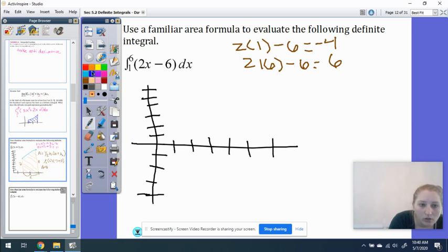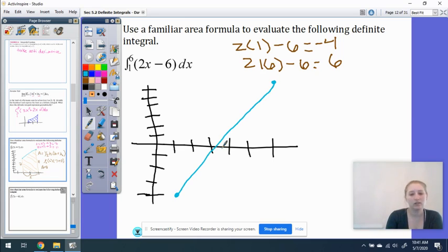So this one would have been better to do on real graph paper and not just freehanding it. Okay, so we get 1, -4, so that points down here. And I'm getting 6. Okay, so we're going to connect these.